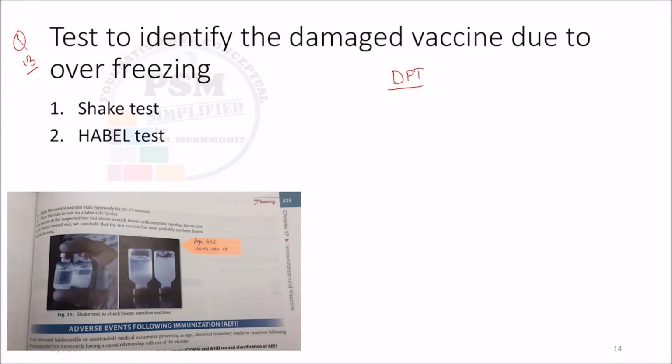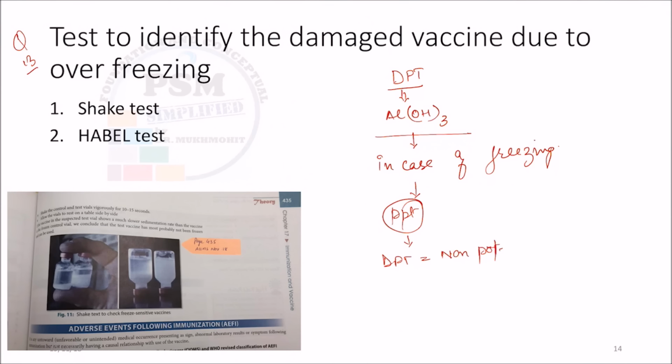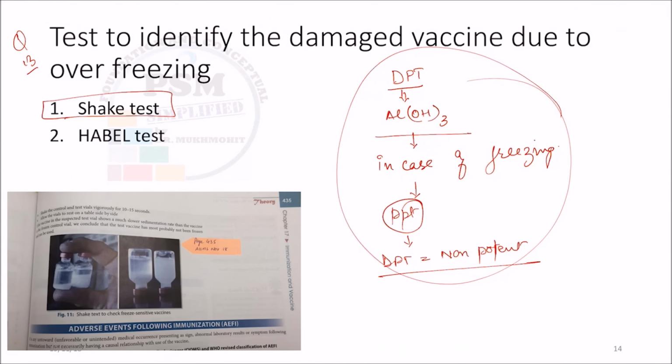In case of freezing, this aluminium hydroxide would precipitate, and if it forms a precipitate, this renders the DPT vaccine non-potent. If your vaccine is non-potent, it's not going to kill the germs, it's not going to give you adequate immunity, and in fact this vaccine becomes more harmful rather than protecting you from diphtheria pertussis tetanus. Therefore we always check the DPT vaccine using a test known as the shake test.